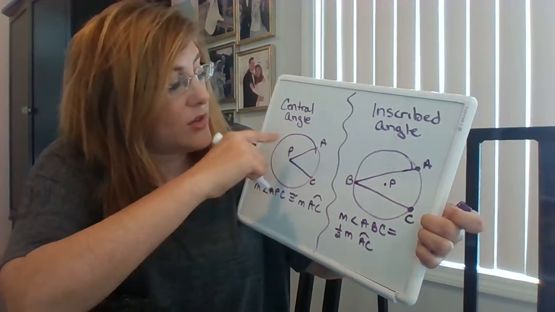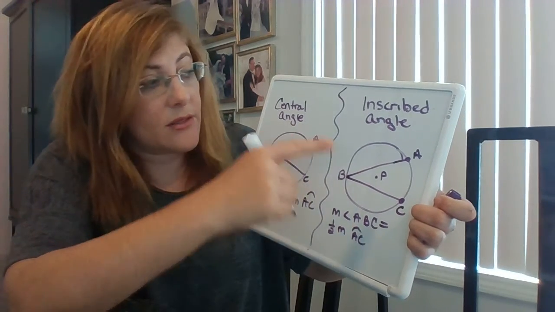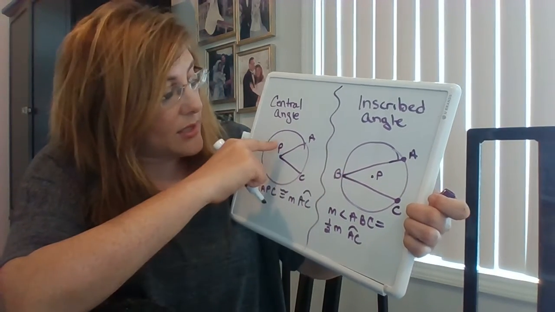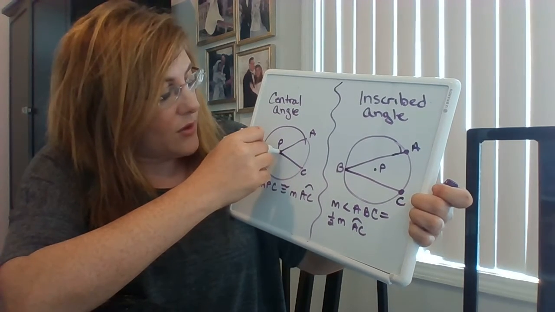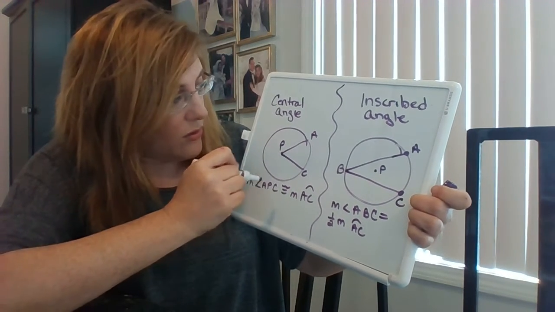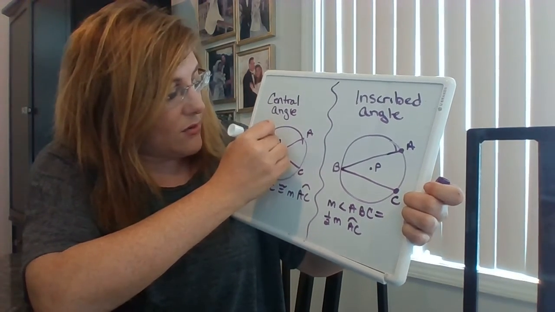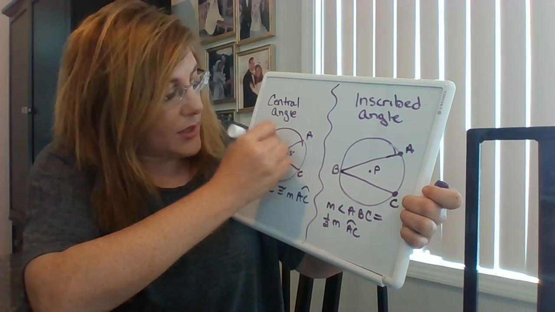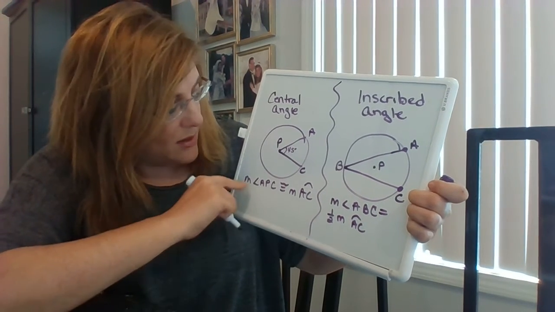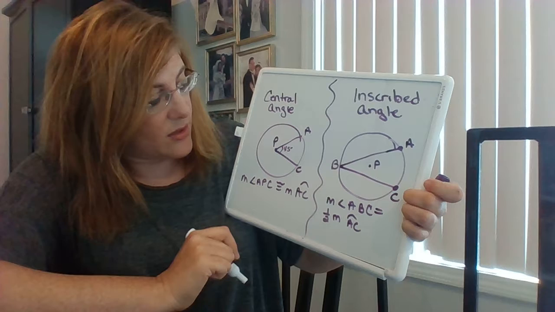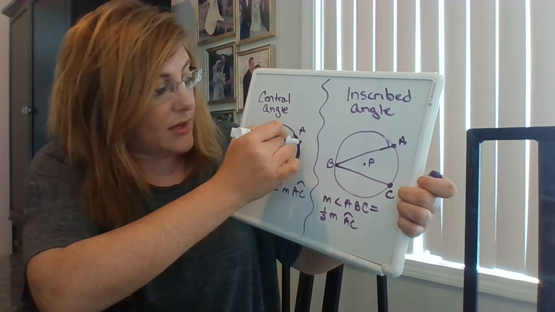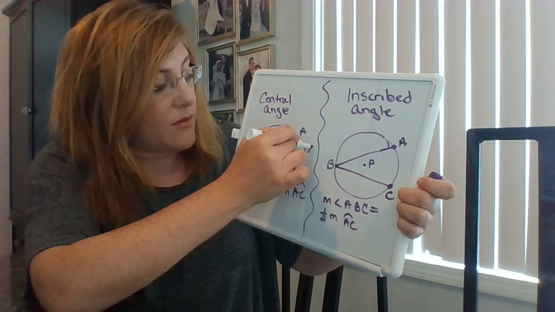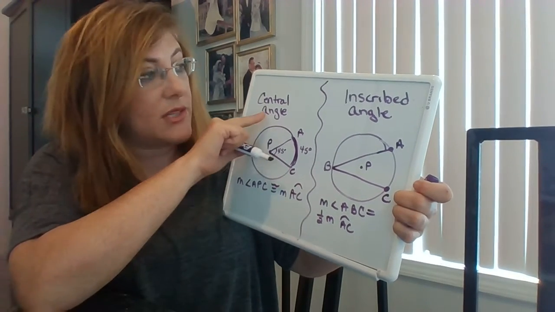Now, we've gone over central angles before. Inscribed angles are a little different. When you're given a central angle, where the vertex is at the center of the circle, let's say this angle is 45 degrees, angle APC is going to be congruent to the measure of the intercepted arc AC. So this arc is going to be 45 degrees when you're dealing with a central angle.